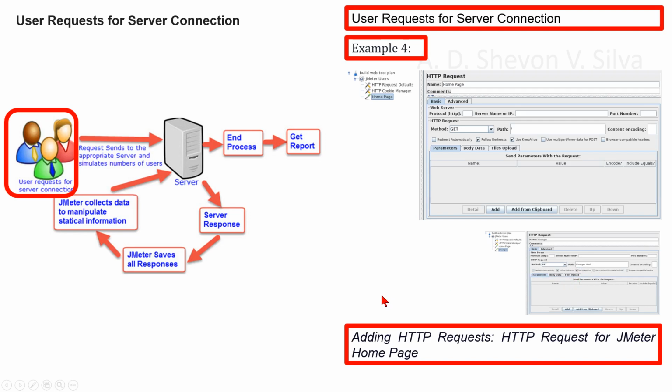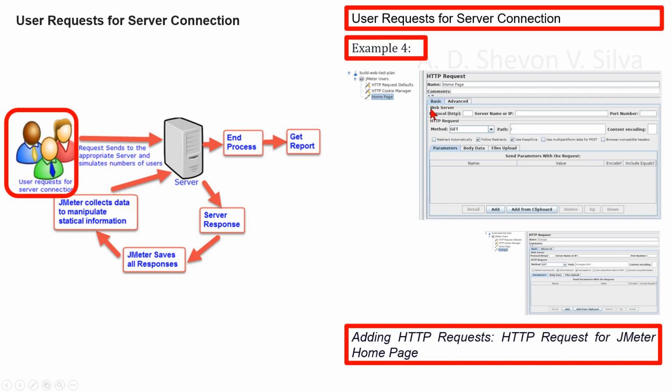JMeter sends the requests in the order that they appear in the tree. Start by adding the first HTTP request to the JMeter users element. Add, then sampler, then HTTP requests. Then select the HTTP request element in the tree and edit the following properties.